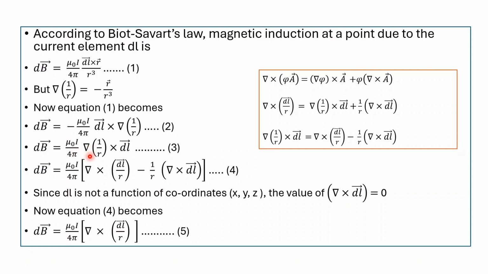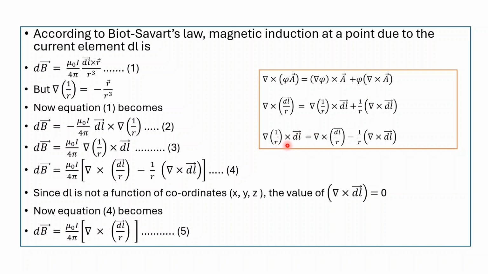Now we have to evaluate the value of grad of 1 by r cross dl vector. For that, use this vector identity: curl of phi A equal to grad phi cross A plus phi into curl A. Now del cross dl vector by r equal to grad of 1 by r cross dl vector plus 1 by r into curl dl vector. Now we need this value, therefore bring this term to the left hand side.